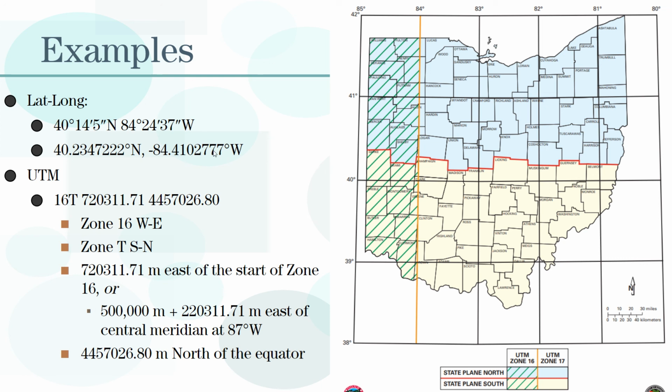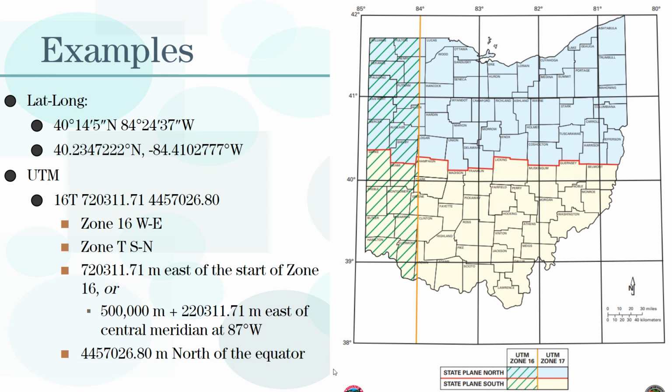If you go west, you subtract that value from it. And so then we end up being this here, which is 720,311.71 meters east of the start of zone 16. From there, we are 4,457,026.8 meters north of the equator.